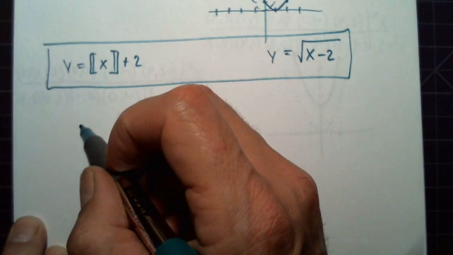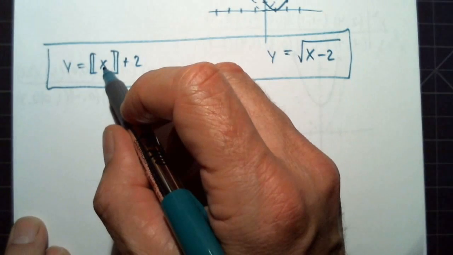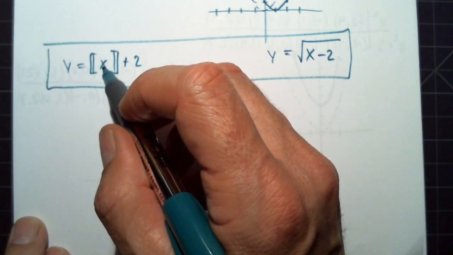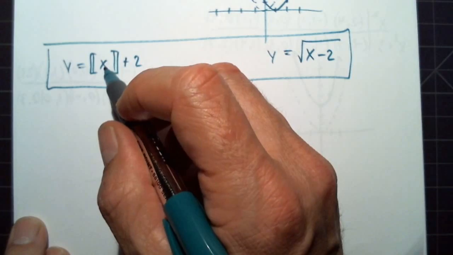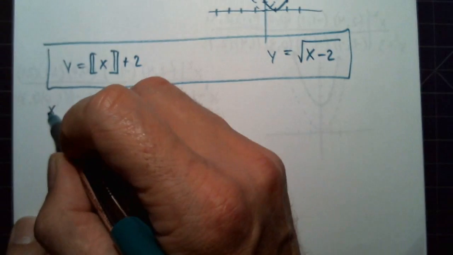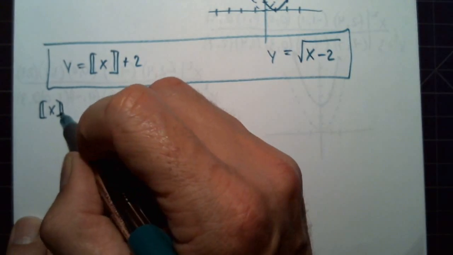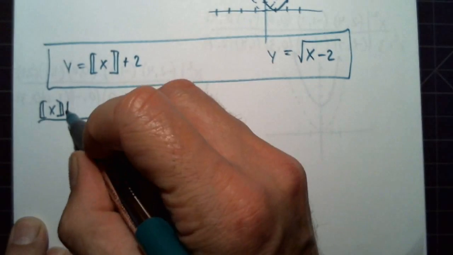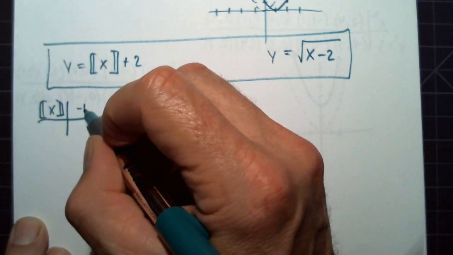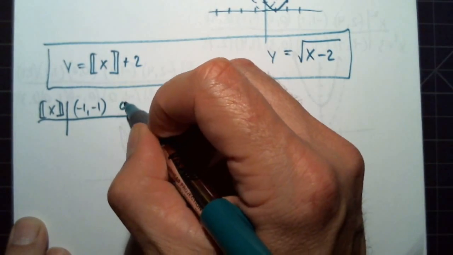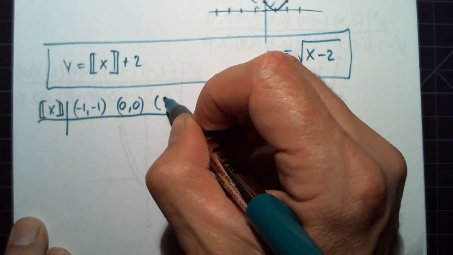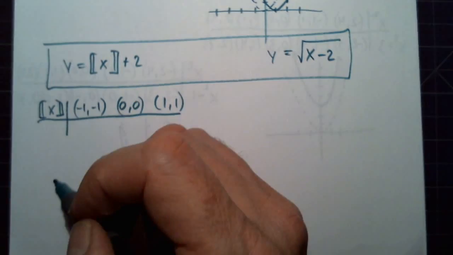So if we look back, when I gave you those points for the greatest integer function, why don't we just use the closed circles? And those were, if we just look at this, negative 1, negative 1, 0, 0, 1, 1.